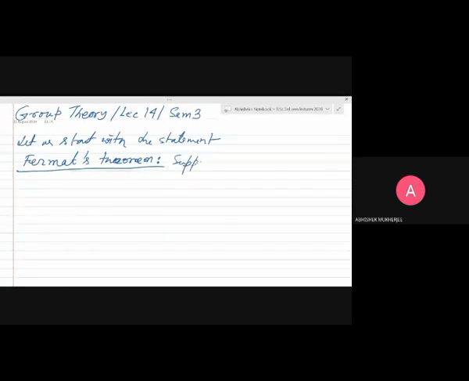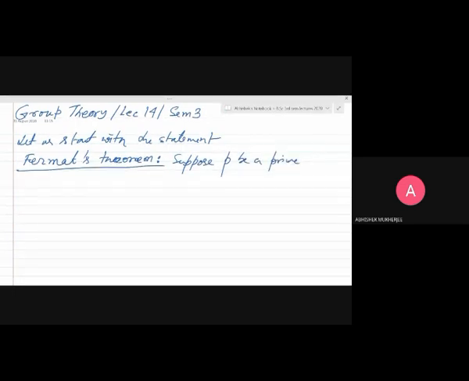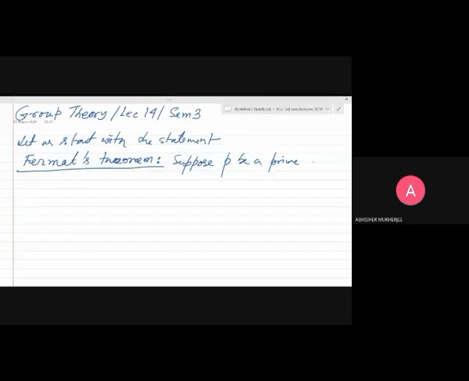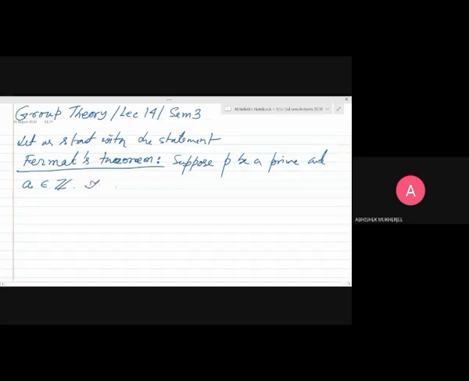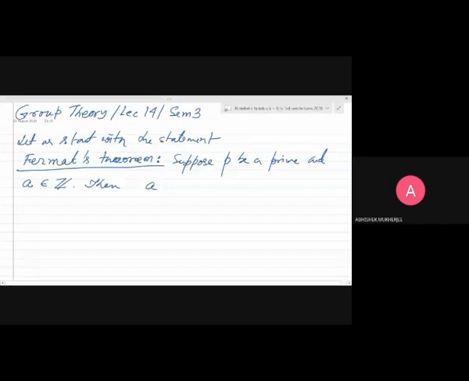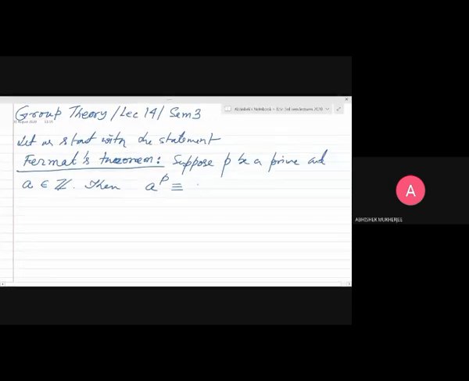Suppose p is a prime and a belongs to Z, a is any integer. Then if you raise a to the power p, you will see that this is going to be congruent with a modulo p.